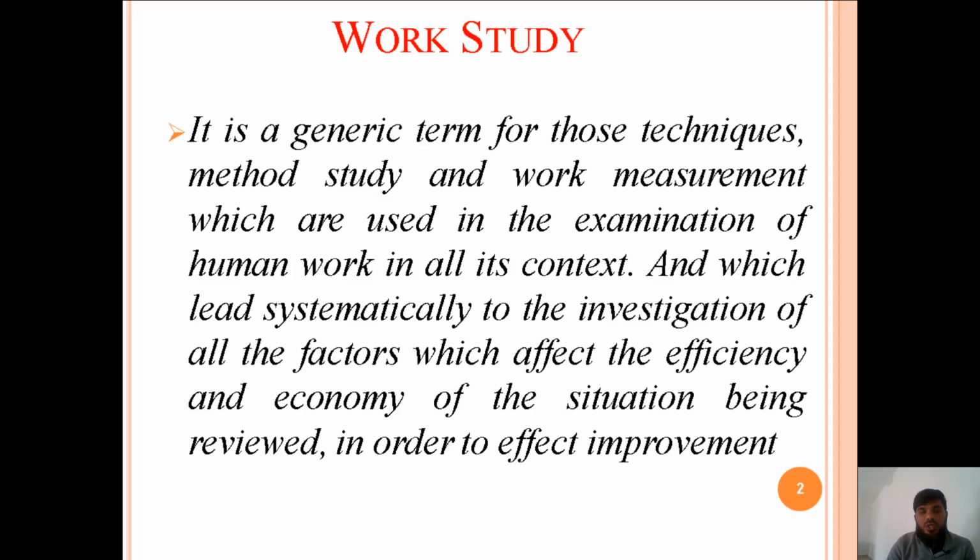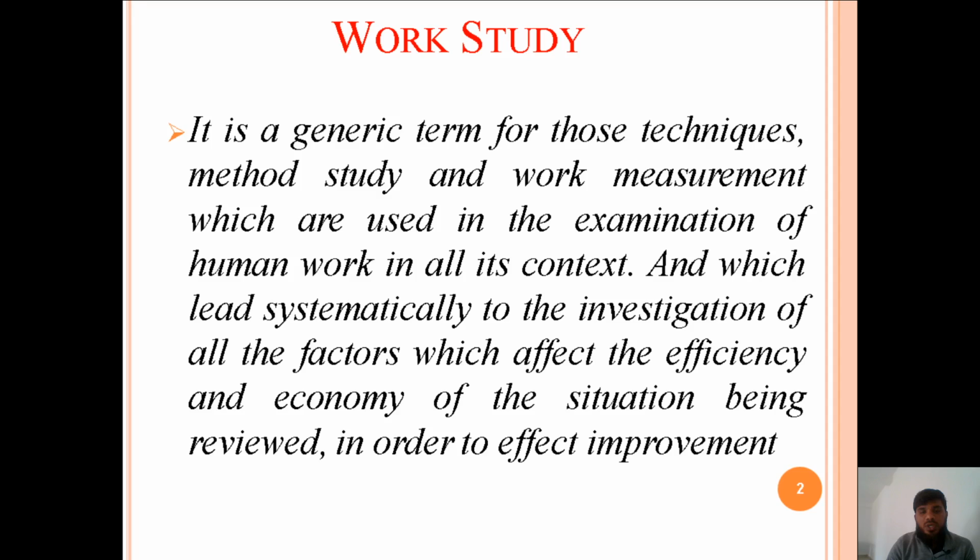In these tasks, we will see how the work measurement is going to be done. These are generally done in a systematic way so that we can improve the output. The main aim of work study is to improve productivity, or to improve the output of our job. So let us see this.